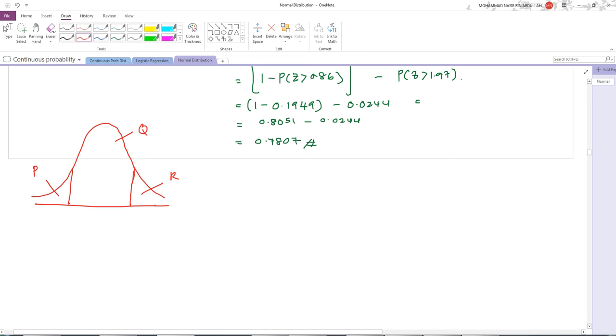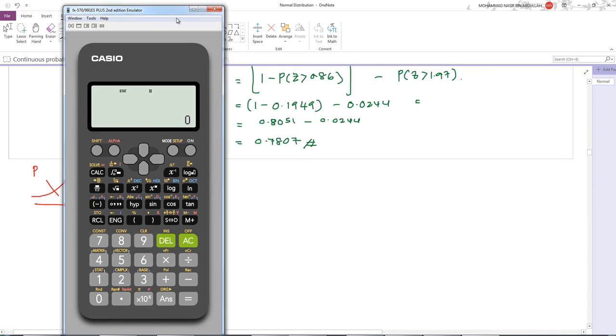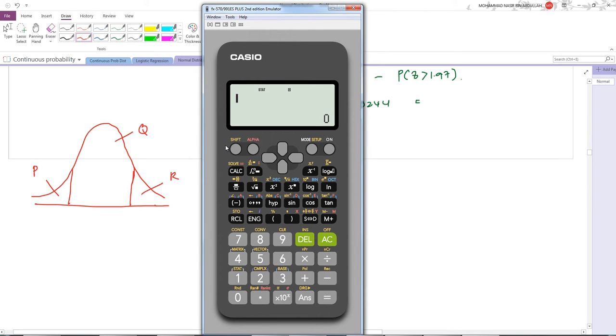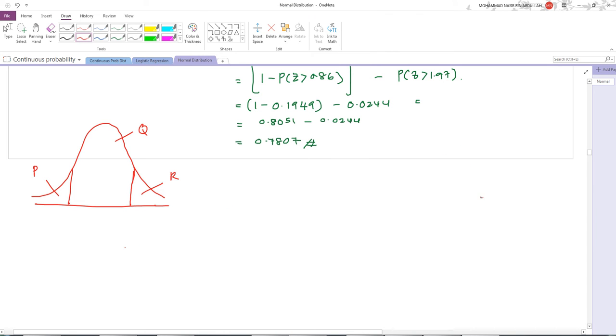We are using the 570 ES calculator. So the first step, let's look at the first one that we want to find. What happened?